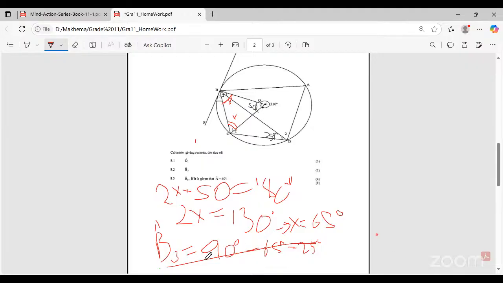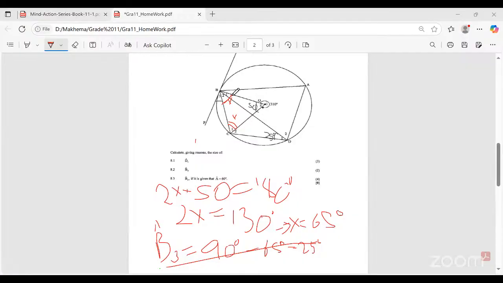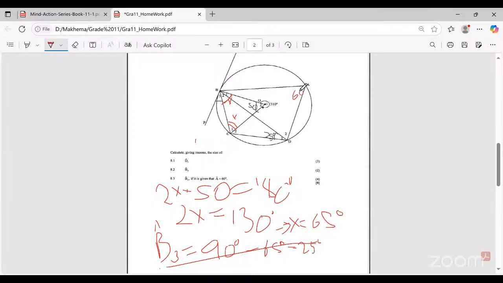Okay, cool. So now we can proceed to that question that is saying, now find the size of angle B1. Where is B1? There is B1 right there. If it is given that angle A, this angle right there, is 60 degrees, how do you guys think we can find the size of angle B1?